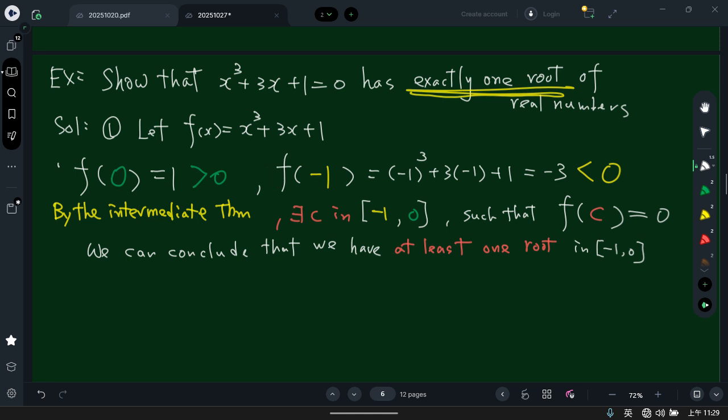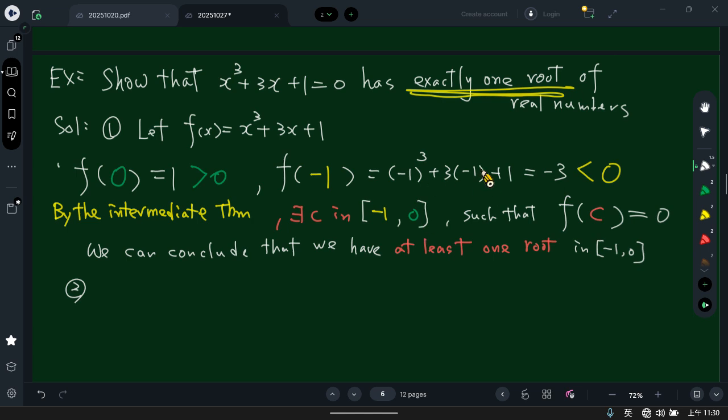For the first step, it's almost the same as what we have done when we learned the intermediate value theorem, right? But the second one is because this question asks us to show that there is exactly one. So we cannot just stop here. If we stop here, we just say, okay, we have roots, but I don't know how many roots.